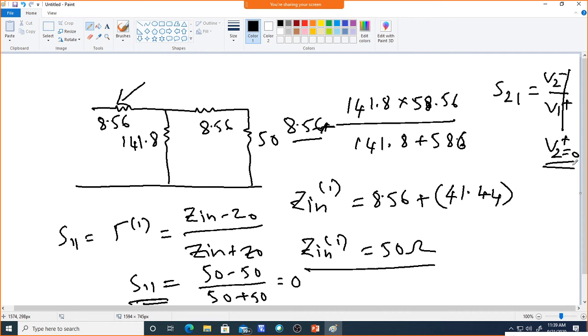This matched termination is required: what is reflected at 2, and what is incident at 1. So with the termination of 2, this will give the transmission coefficient.